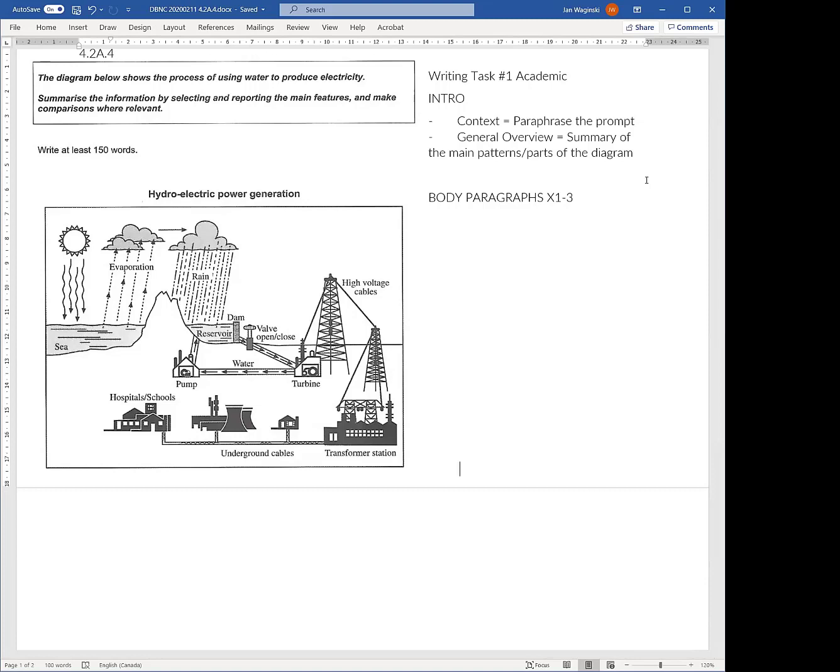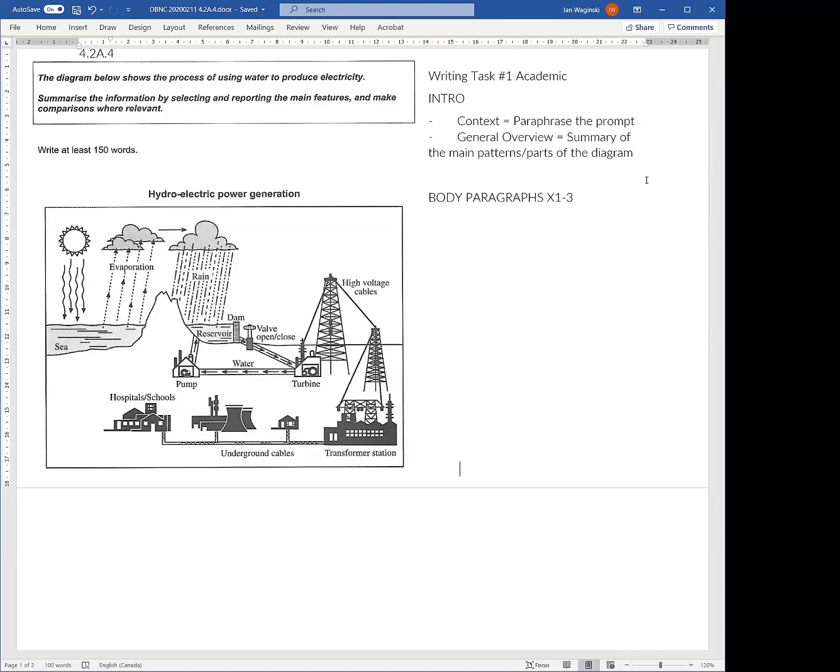I understand that water turns the turbines and it makes electricity. Okay, so good, that's 1 sentence, 10 more to go. Okay, water turns the turbines and makes electricity. All right, what happens before that point in the process?